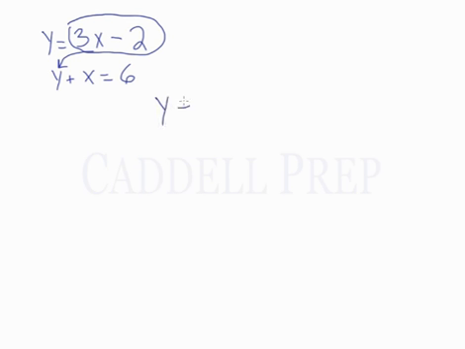So we have y plus x equals 6, but now 3x minus 2 is the same as y. So we have 3x minus 2 plus x, so this part just represents the y. We still have the plus x equals 6.